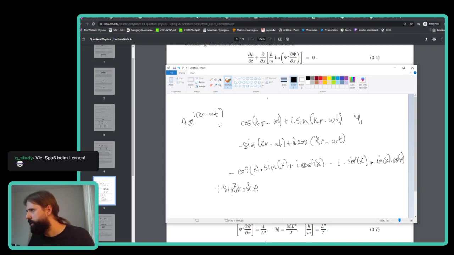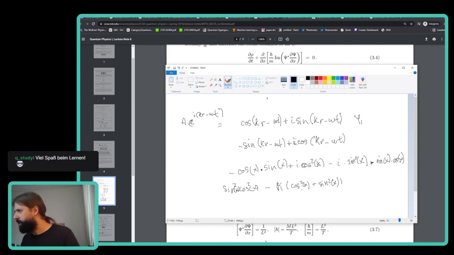I think you can do that. I don't know. And then minus, and then you have I of minus I times cosine squared of x plus sine squared of x. This is something, right? Isn't that a trigonometry identity as well? Like the cosine squared plus the sine squared is equal to something.